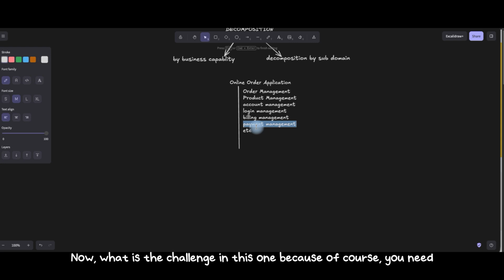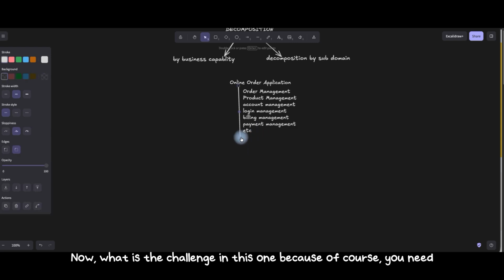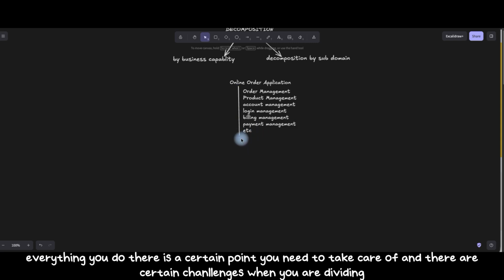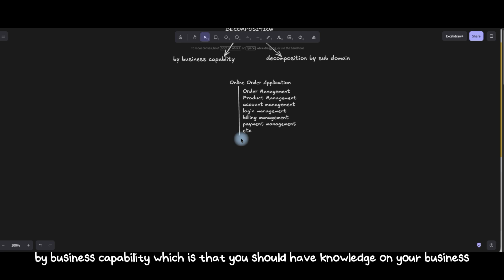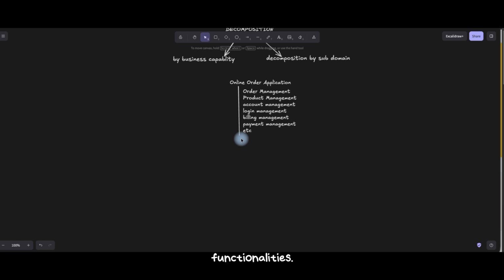Now what is the challenge? Of course, for everything you do, there is a certain point you need to take care of, and there are certain challenges. You are decomposing a model by business capability, which means you should have knowledge of your business functionalities, then only can you determine the business services. Because if you don't know the business capabilities, then you won't be able to divide it properly, like the question of how micro a service should be.